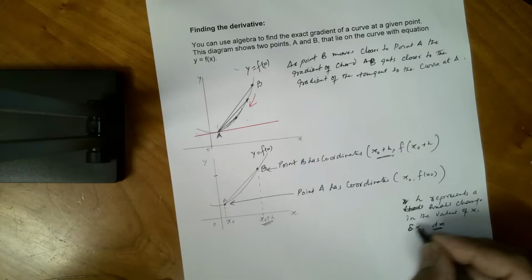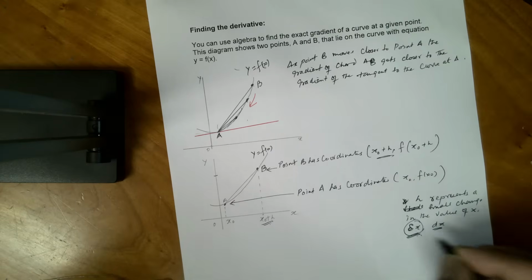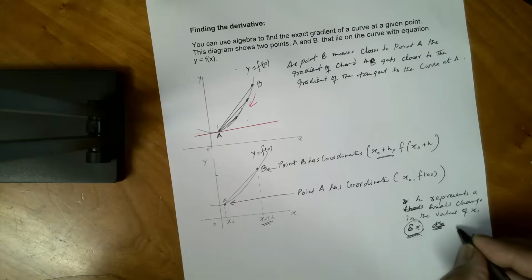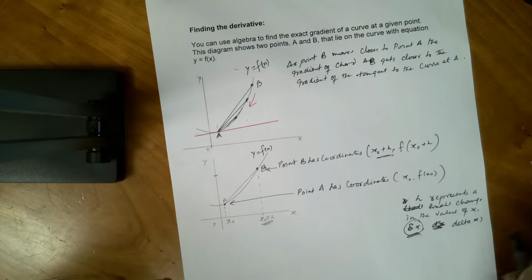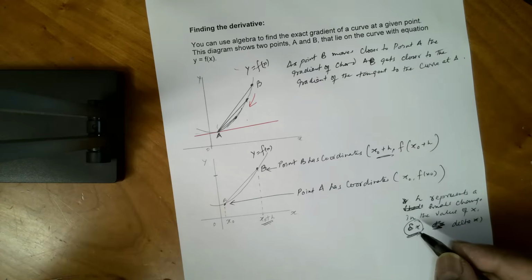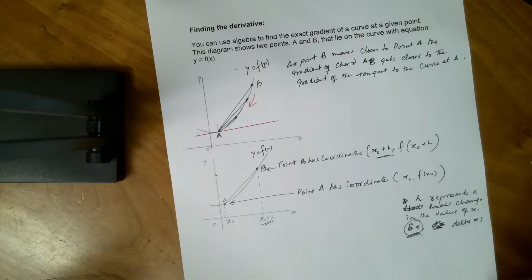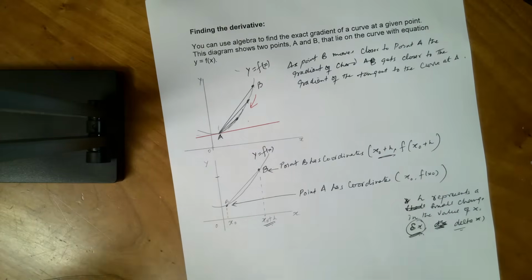So h represents the small change in the value of x, and we can use delta x to represent this small change, and it's pronounced delta x. Remember that.